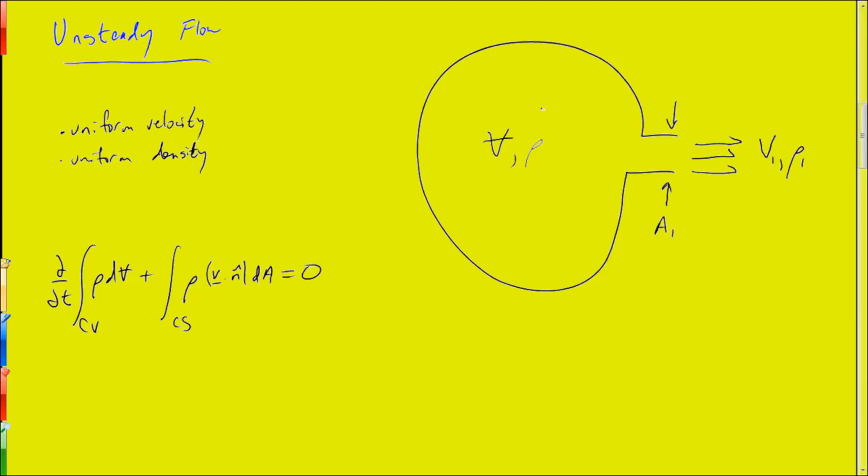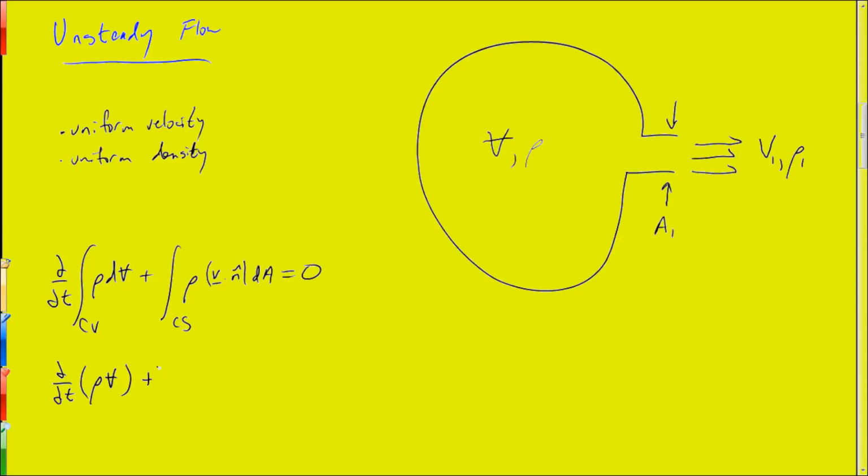Because the density is constant throughout the volume, though, this integral over the control volume just returns the volume, and so we end up with d dt of the quantity rho times the volume plus the integral over the control surface of the mass leaving the control surface equals 0.